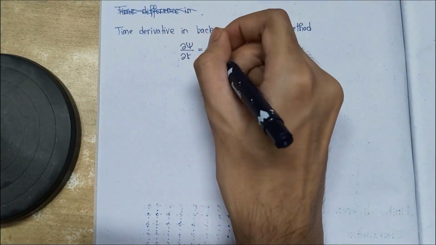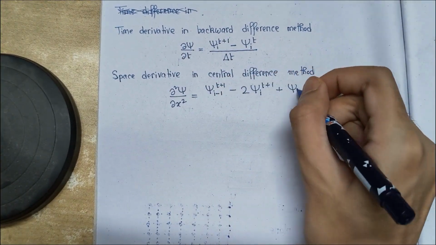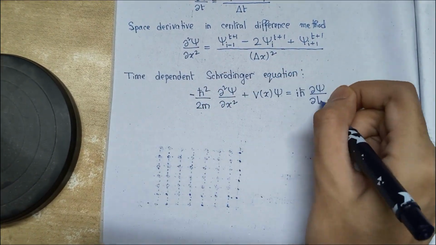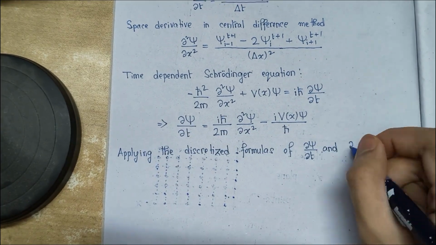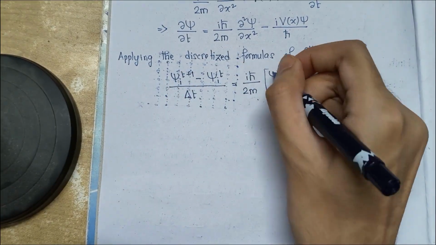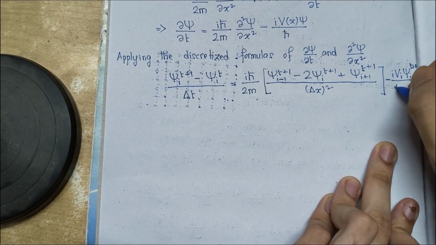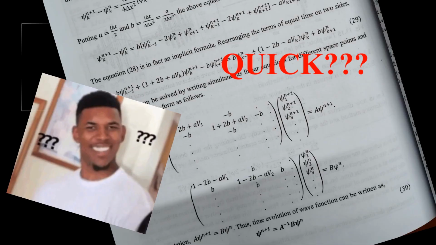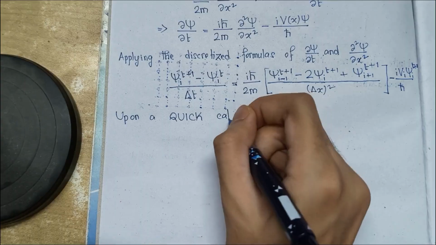We discretize the time derivative in backward difference method and the space derivative in the central difference method. As we have already guessed, we plug them into the time-dependent Schrodinger equation. After a quick calculation, we arrive at this result.